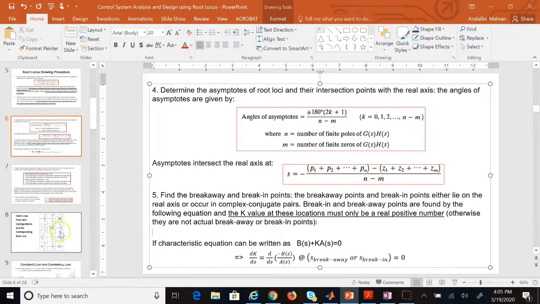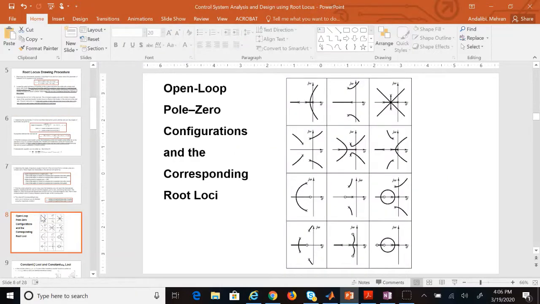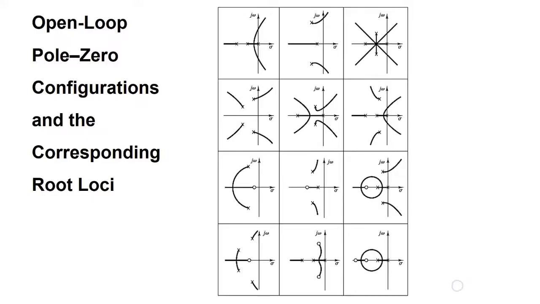So no worries. So first, what is a breakaway or break-in point? So if I go back here, if you look at this example, let's say I know the numbers here. So it's 0, 1, and 2, right? -1 and -2. If I find the location of where the asymptotes hit the real axis, so it's going to be 0, -1, -2, so sum of the poles is -3.